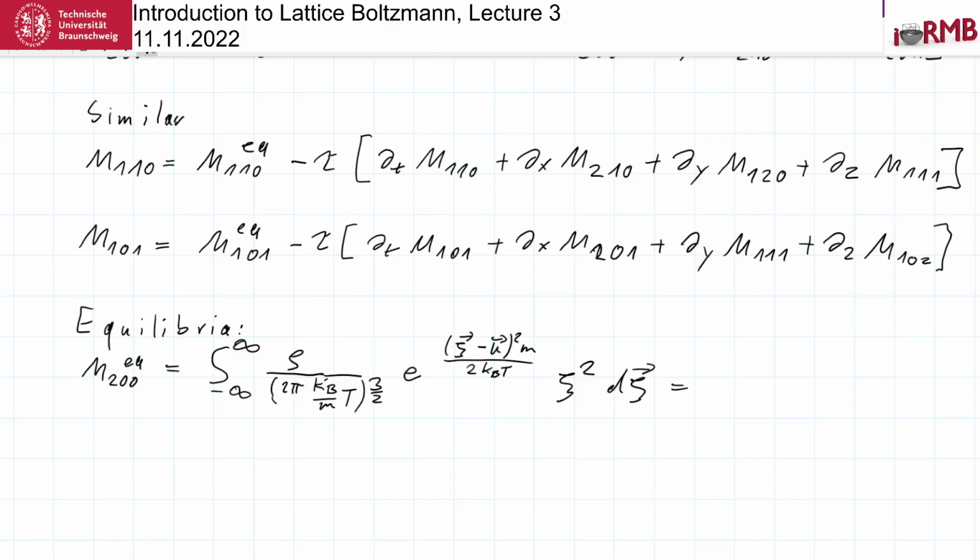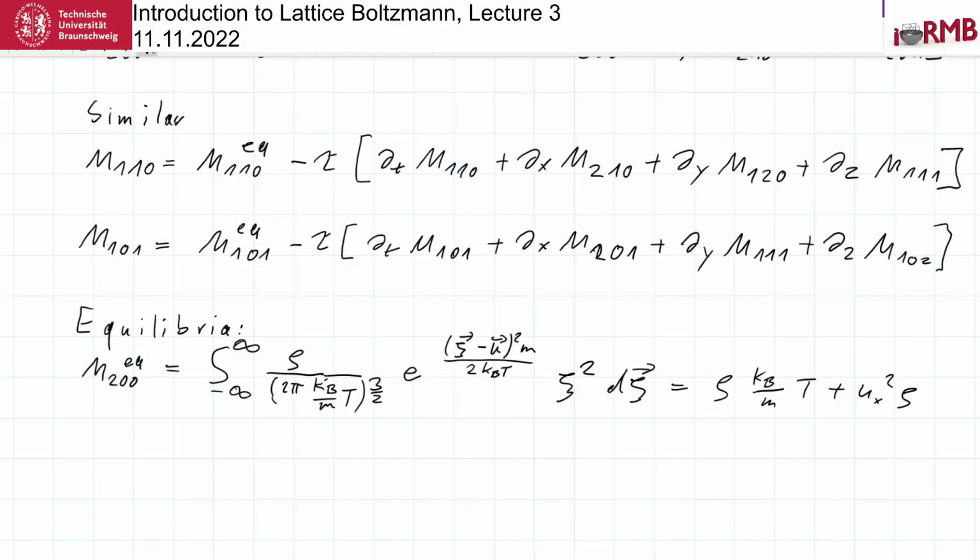And if you do this in Mathematica, unfortunately you have to wait for 5 minutes, but at the end you get this result that it's related to the temperature. So basically a thermal energy part, and here we have kinetic parts, so kinetic energy, so temperature, thermal energy, and kinetic energy.